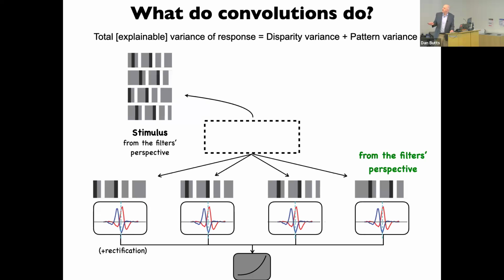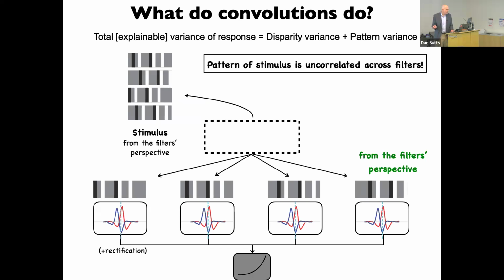Because disparity and pattern are uncorrelated, the neuron's response is summing how much of the response is responding to the pattern versus how much is responding to the disparity. But in this case, the pattern is uncorrelated across the filters. That means it's essentially invariant to the pattern, whereas for the disparity, each filter is reporting the true disparity.